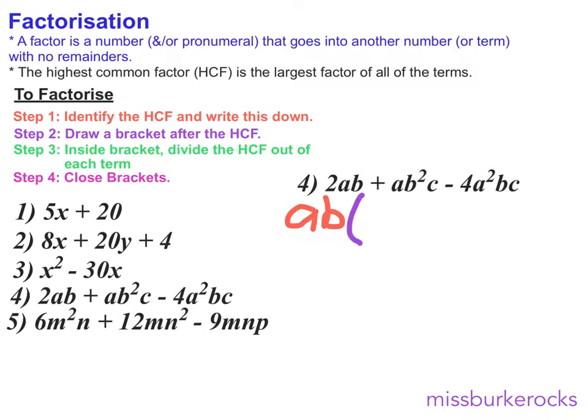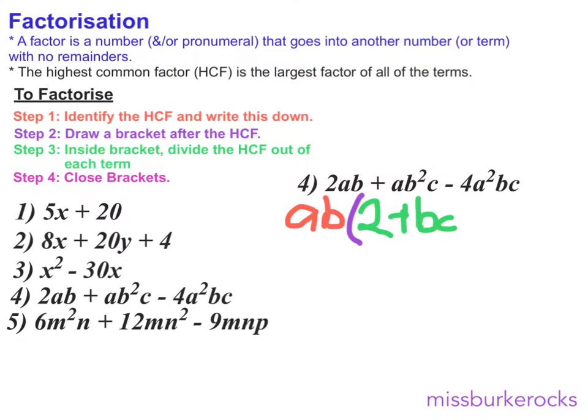Then I need to divide out the AB out of each of the terms. So 2AB divided by AB leaves me with 2. Then I have positive AB squared C, so that divided by AB gives me positive BC.